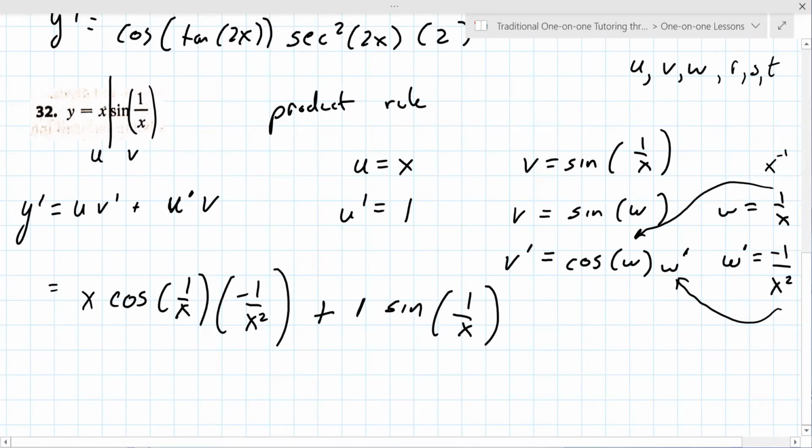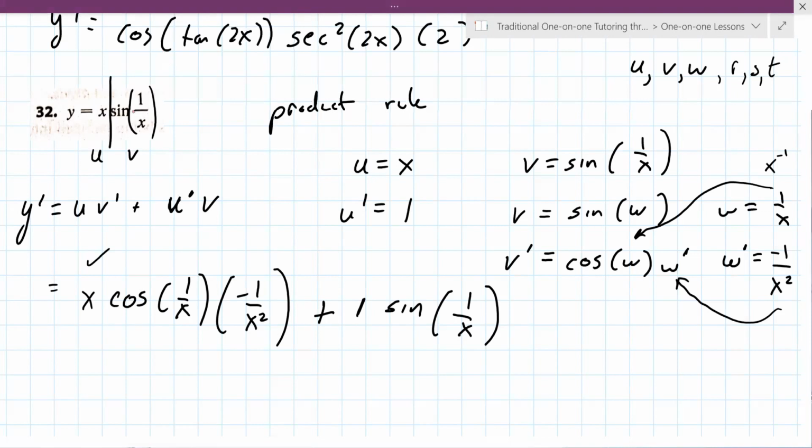No, you're good. If you realize, okay, it's x, it's the derivative of the first. A lot of students do derivative of the first. The order doesn't matter here. Sometimes people do it backwards, forwards, doesn't matter. I usually do it u v prime, v u prime. Yeah, that's what I was going to write, but textbooks write it this way, so I like the way you wrote it. So u is x. Okay, there's my x. Now I've got to take the derivative of sine 1 over x. And like you told me, you take the derivative of the outside function. The derivative of sine is cosine. Keep the inside function.